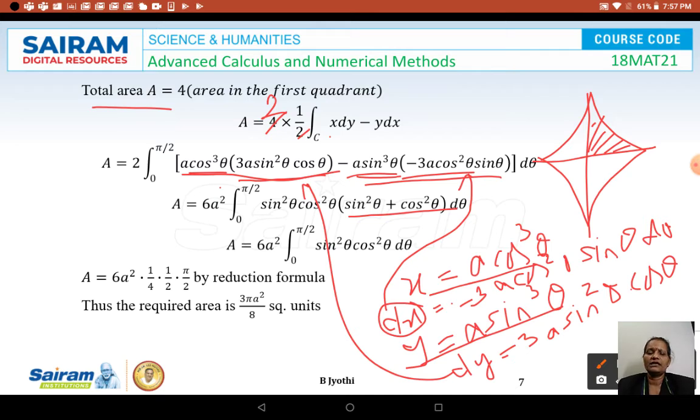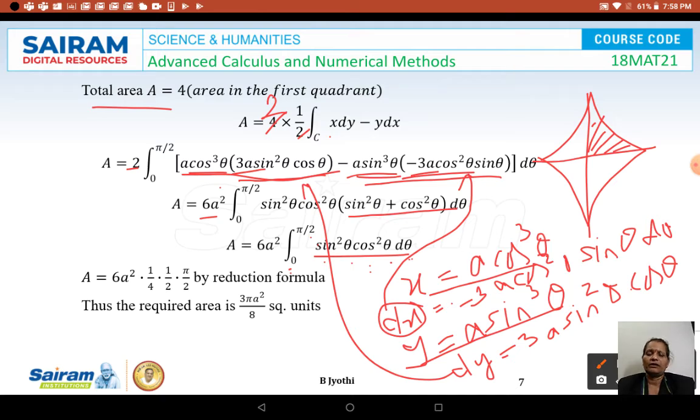Therefore, we get the integral from 0 to pi by 2 of sin square theta cos square theta. Here 2 and 3a are common from both the terms, which we have taken outside. So we get 6a square outside. Now the integral from 0 to pi by 2 of sin square theta cos square theta d theta has to be evaluated.